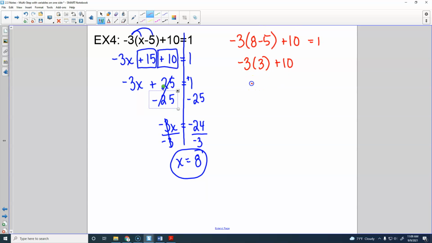Negative 3 times 3 is negative 9 plus 10. Negative 9 plus 10 does equal 1, so you know that you're right. So you can plug these back in to check your answers. It's a good idea on the quiz, especially, to do that whenever it matters a little bit more, to see if you're correct or not.